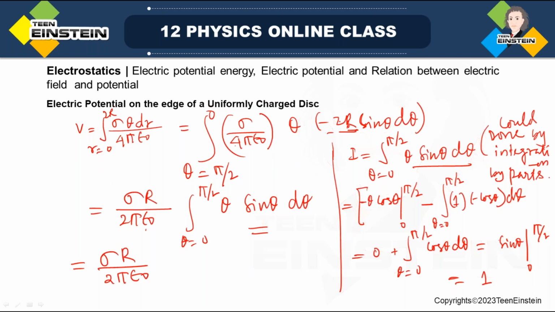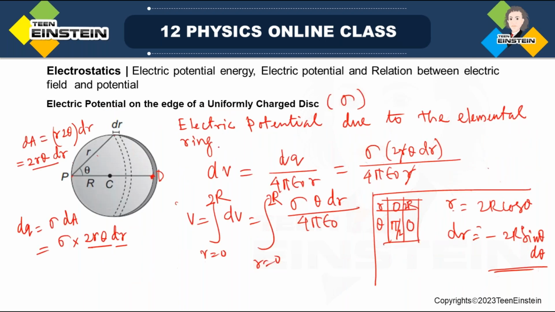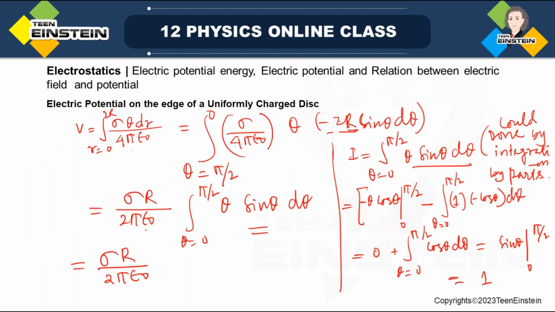Let me go back. In the area also there was a 2, and from the cos theta integration another factor comes. So 2 sigma it was, and this 2 also will come into picture, so this 2 will not be there. Otherwise things are fine.